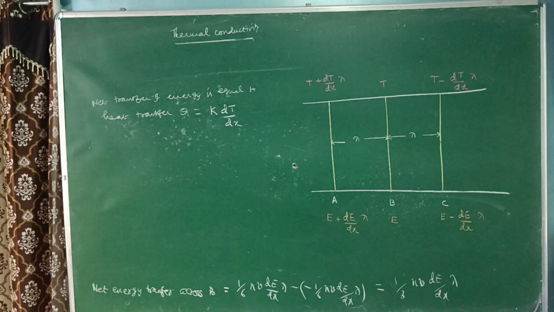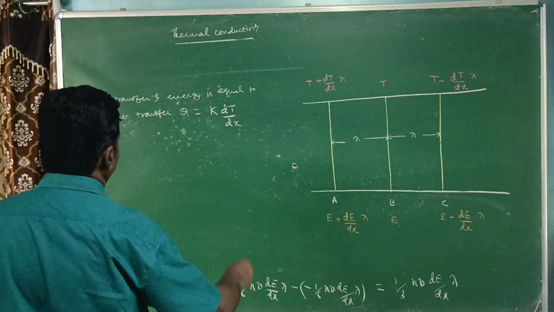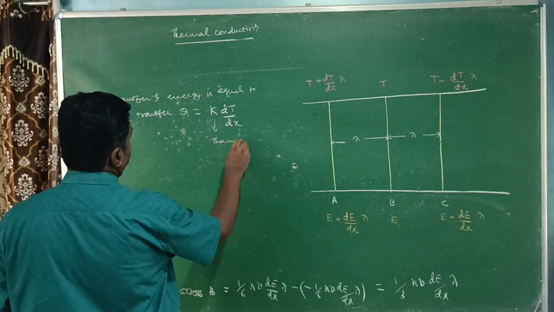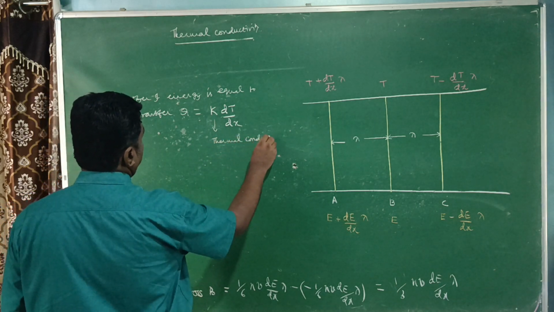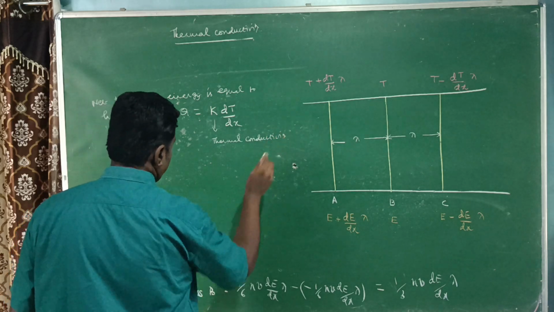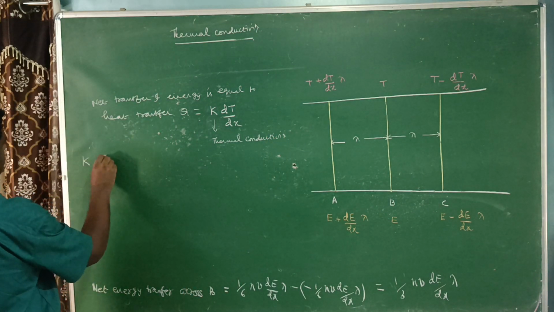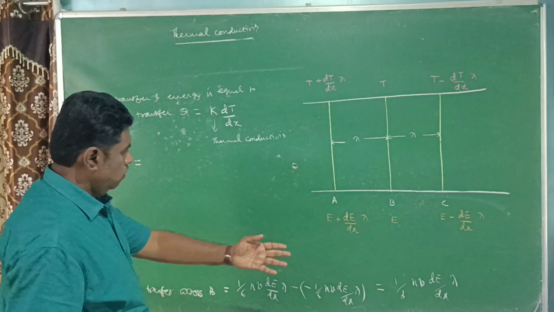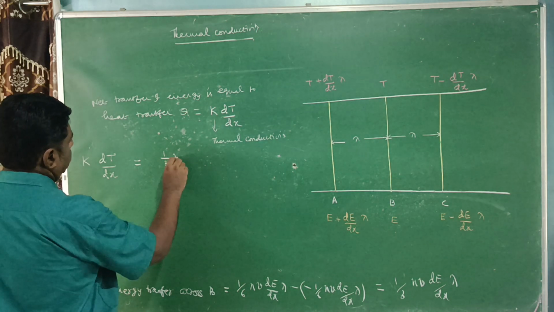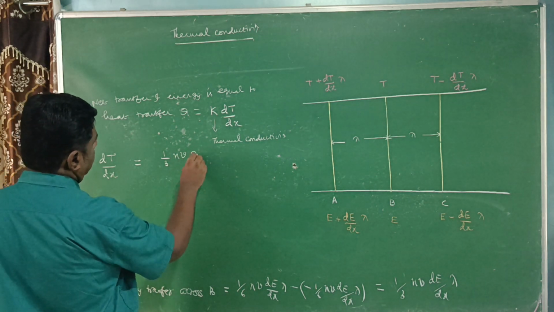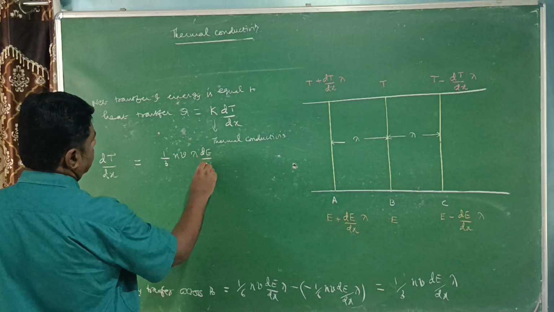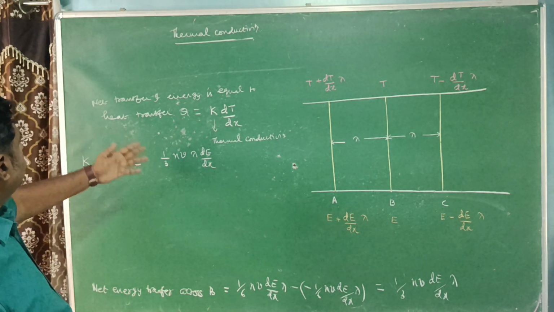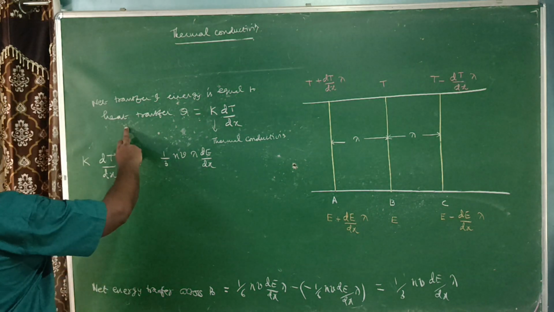Q equal to K into dT by dx, where K is our thermal conductivity. So K into dT by dx is equal to 1/3 nv lambda into dE by dx. This net energy transfer is equal to our heat transfer.